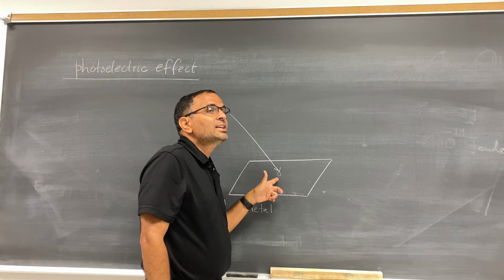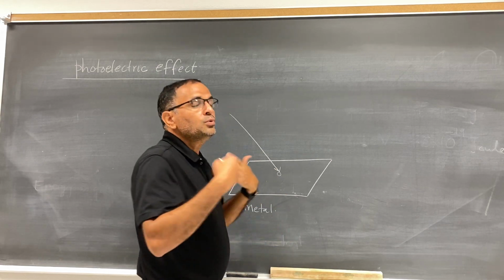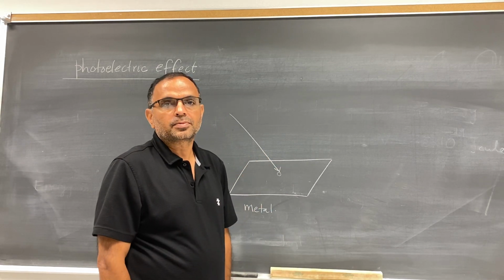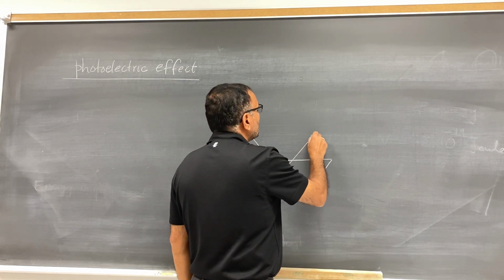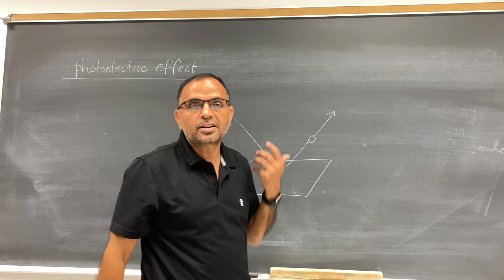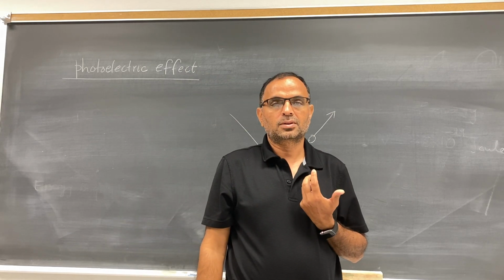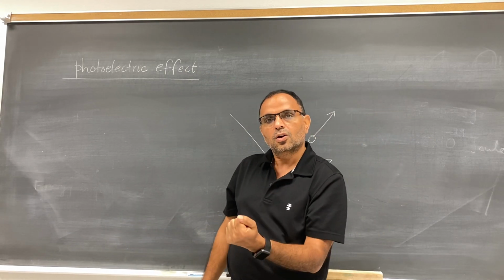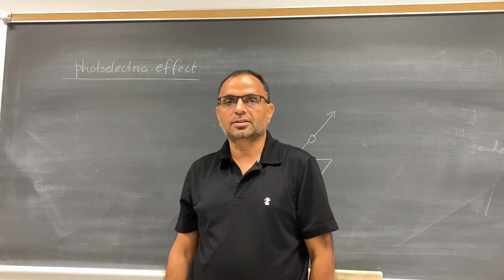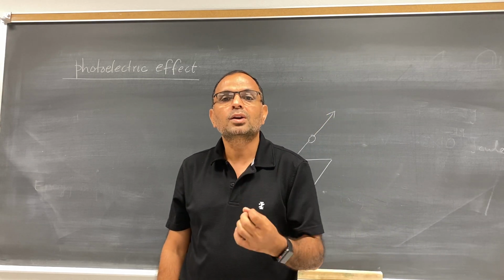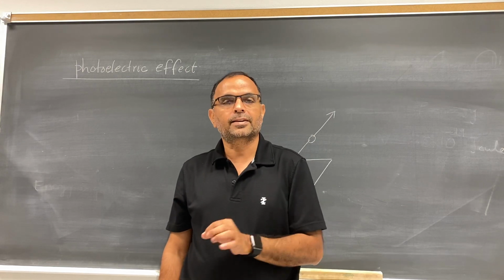What happens is this light knocks out the electron from the metal surface. When you throw the light onto the metal surface, the electrons are ejected from the metal surface. This is what we call the photoelectric effect.